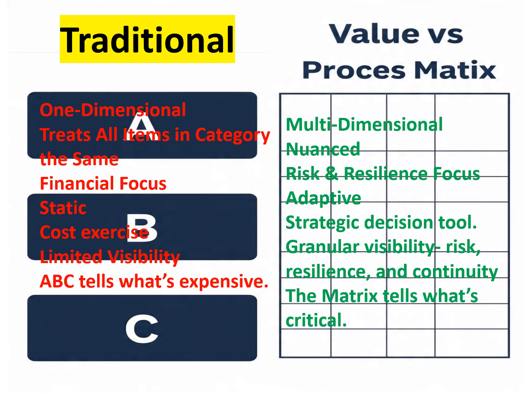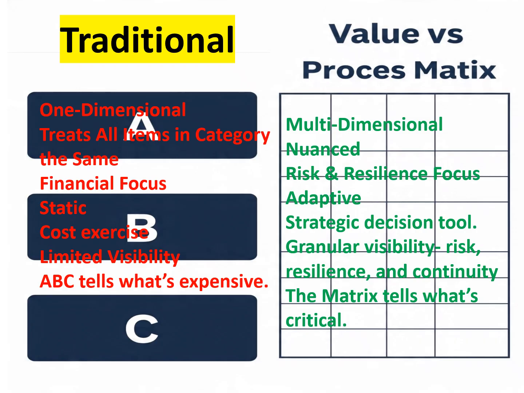After explaining the value versus process matrix, now let's compare it with the traditional ABC analysis. Traditional ABC analysis is one-dimensional, whereas the value versus process matrix is multi-dimensional.